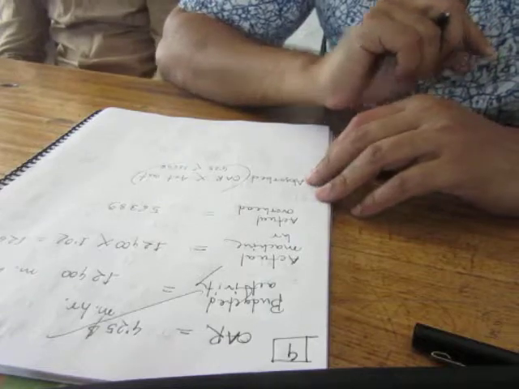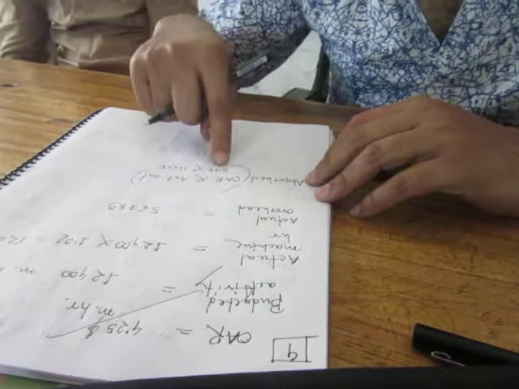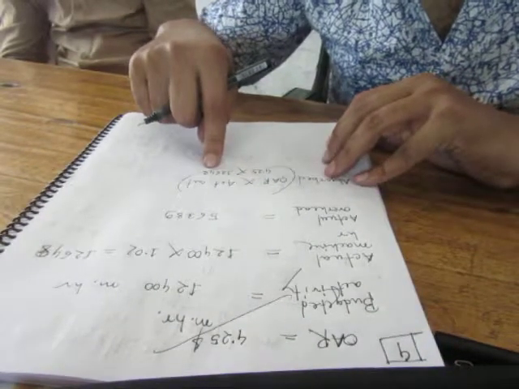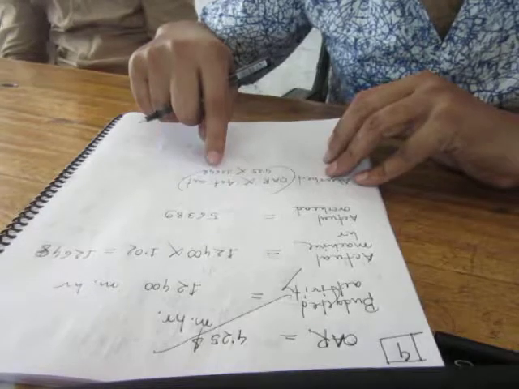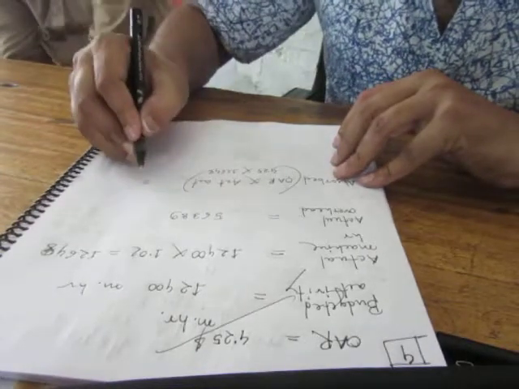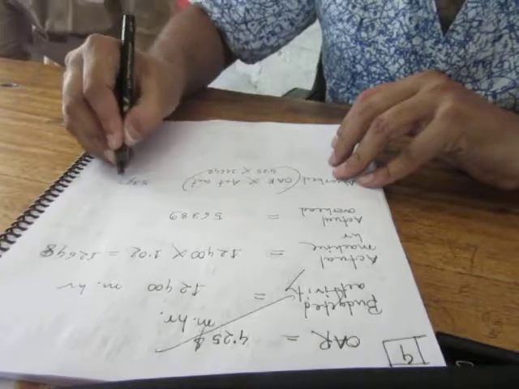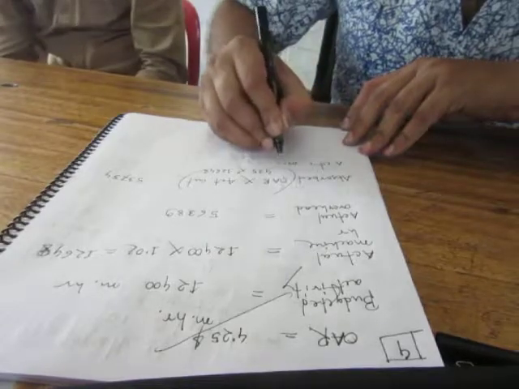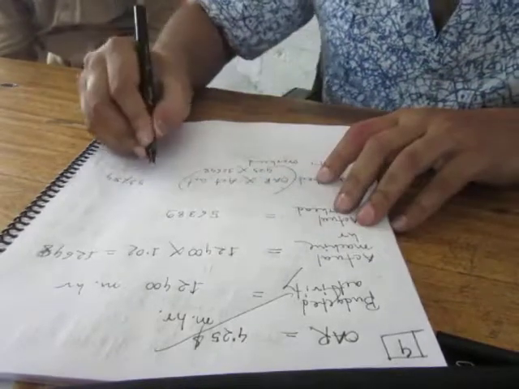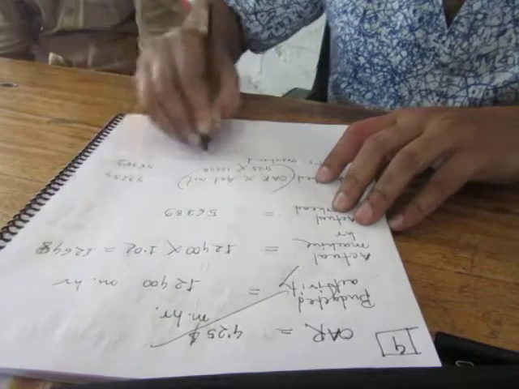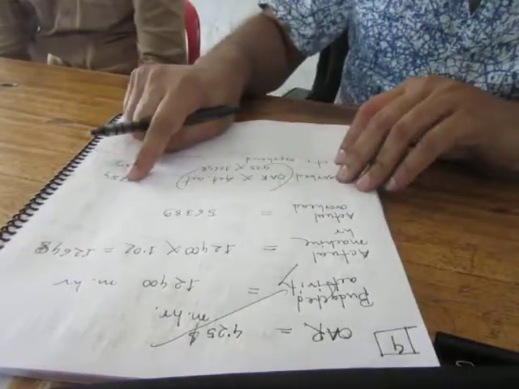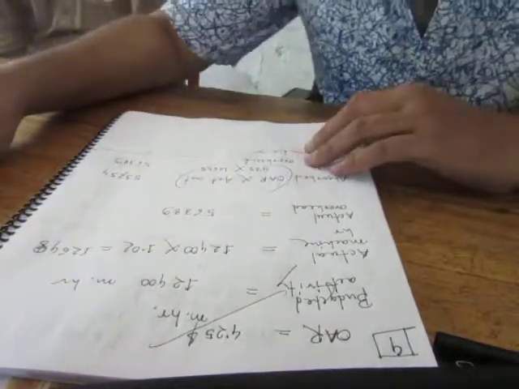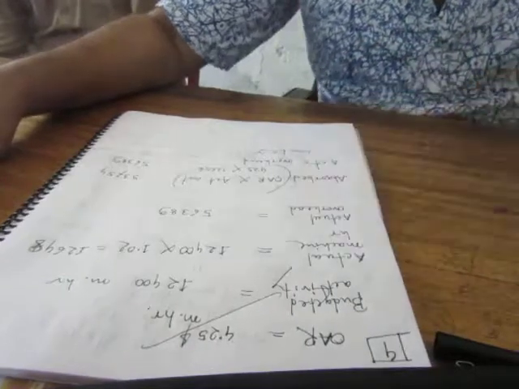Look at that. 4.25 into 12,648, which is 53,754. Then the actual overhead provided was 56,389. So your expectation was under absorption. You can find out that. Clear? Is the question understood?